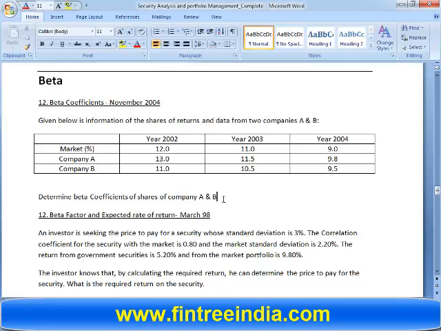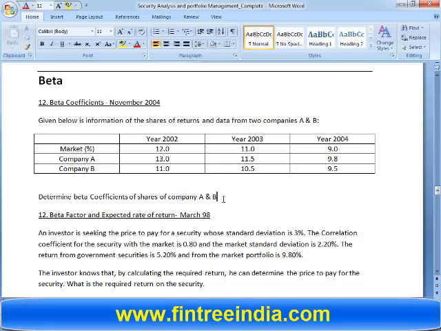How do we calculate beta? Come on, it's not so difficult. Yes, covariance divided by variance. Covariance of two variables together and variance of whom in the denominator? Variance of the market. So if you have this data, can you calculate covariance and variance?